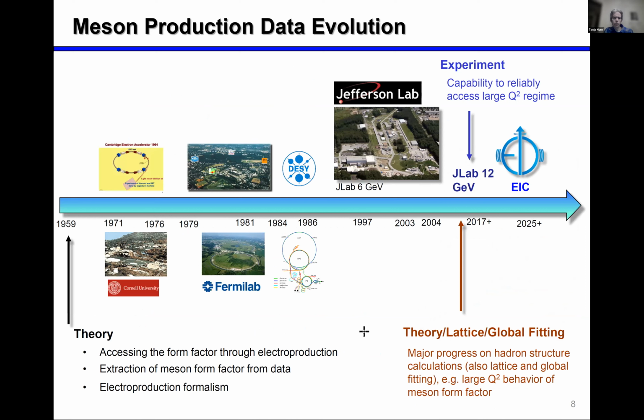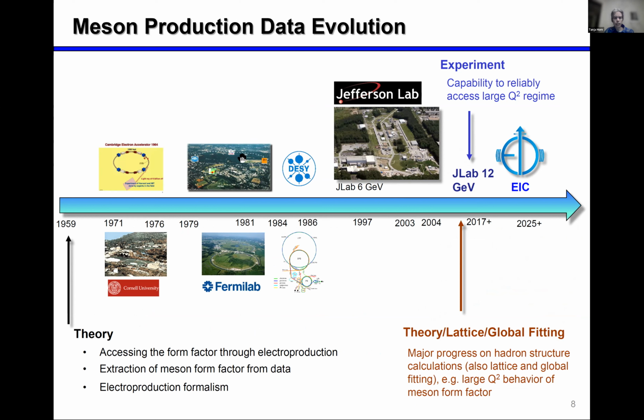So just a few words about the progression of data taking, in particular also related here to extracting the meson form factors and measuring pion structure and kaon structure functions. This is an activity that has been ongoing for many, many decades, starting as early as 1959. Typically, the way it looked is that there's been a major progress, a breakthrough in theory.